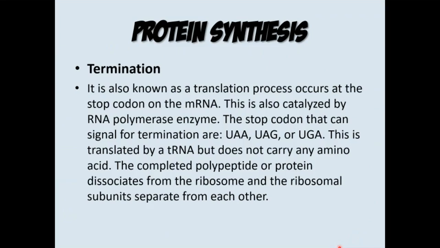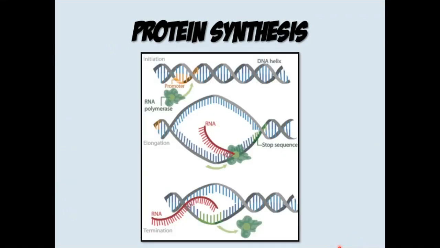And then, this is translated by a tRNA but does not carry any amino acids. The completed polypeptide or protein dissociates from the ribosome and the ribosomal subunits separate from each other. And then ganyan yung itsura ng initiation, elongation, and termination process.